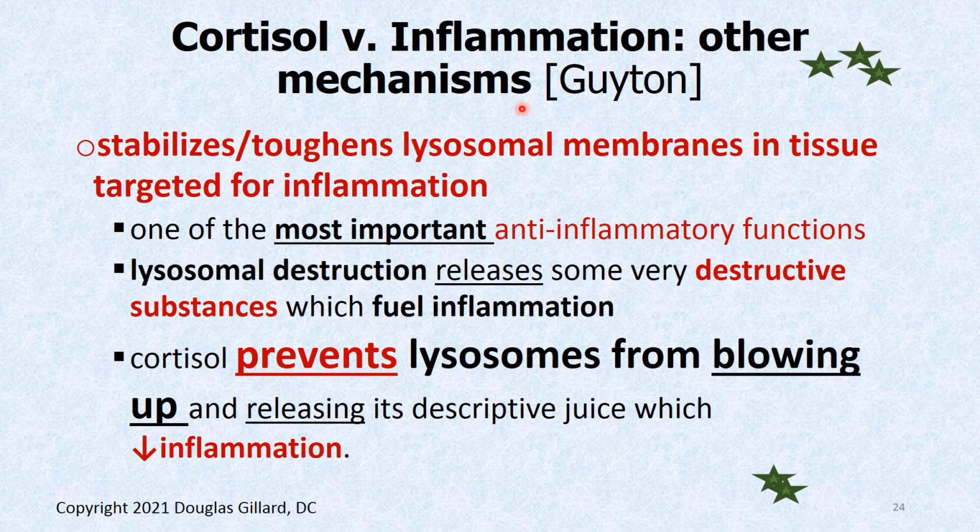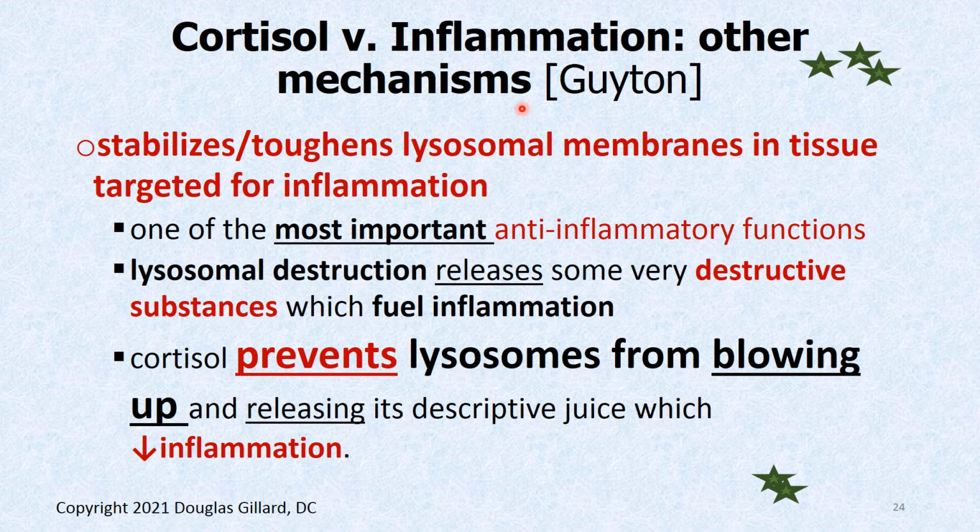And when cells explode, those little stomachs of the cell, called lysosomes, have all kinds of wicked chemicals inside that are used to kill bacteria and such. They explode and release that lysosomal juice, we can call it, and it's very damaging to healthy tissue. It's damaging to the bugs too, but we don't want that stuff.